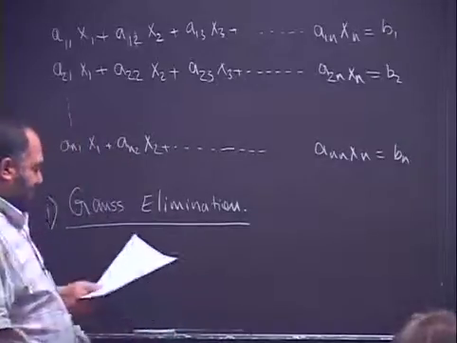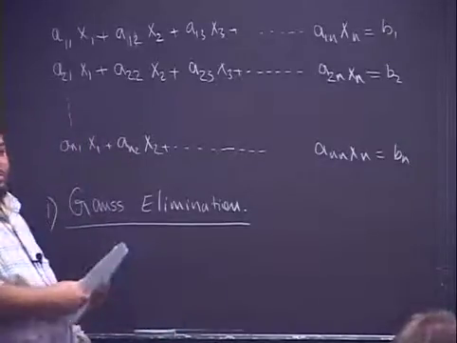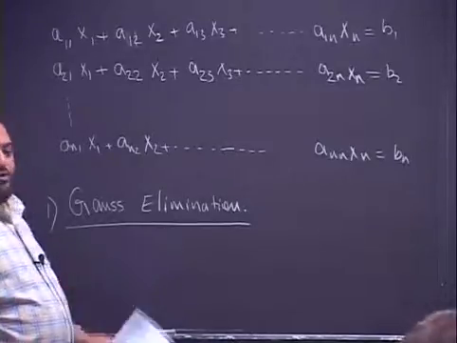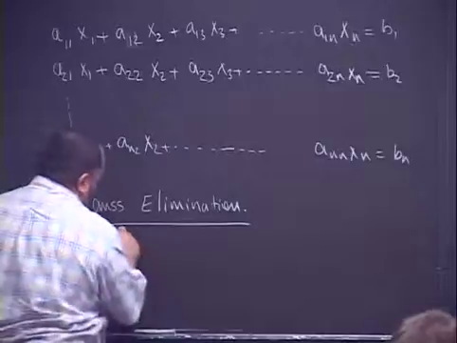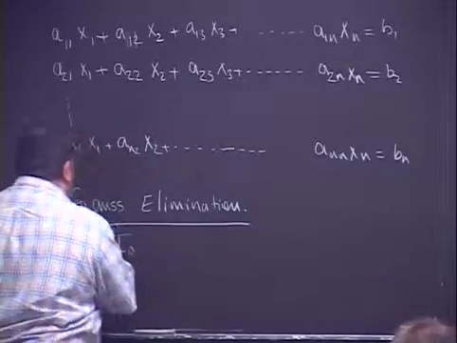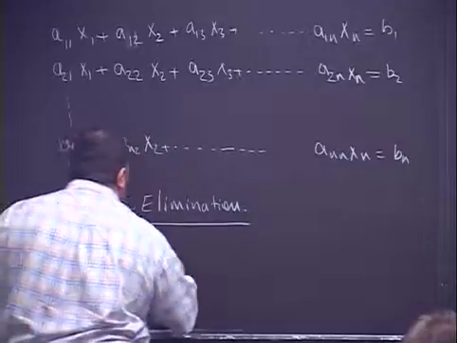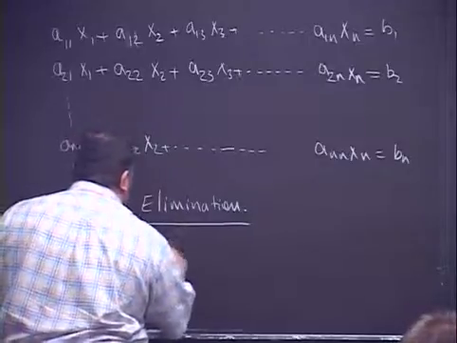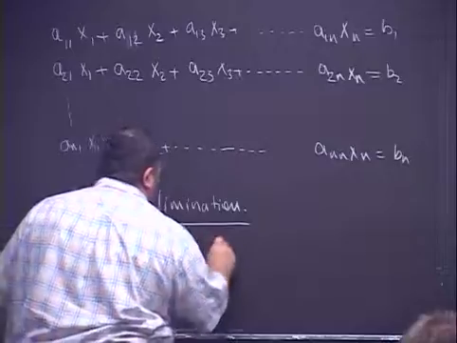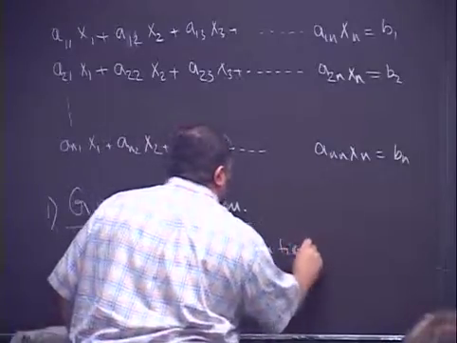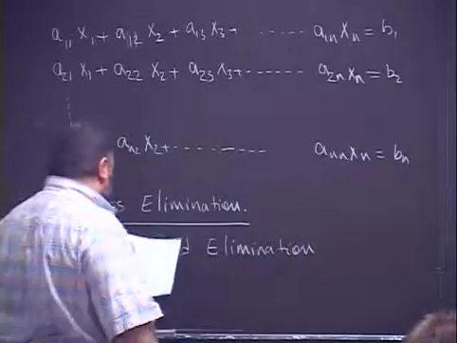The Gauss elimination technique is usually composed of two steps. The first step is called forward elimination, and we will describe in a minute what we mean by forward elimination here.